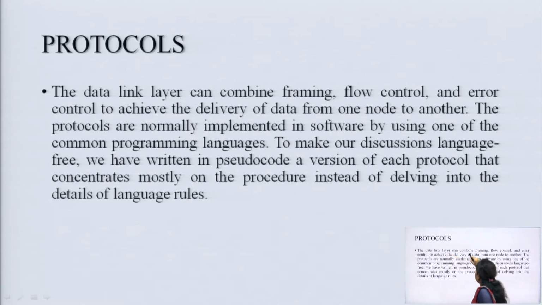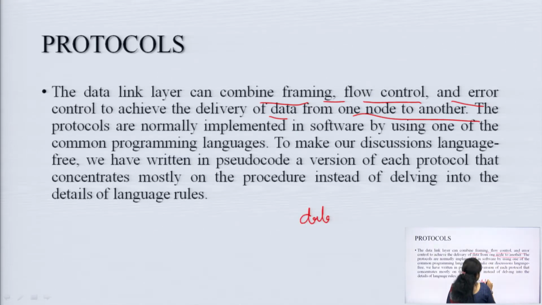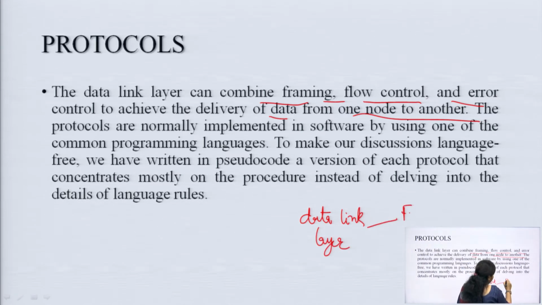The data link layer can combine framing, flow control and error control to achieve the delivery of data from one node to another. So, the operations that have to be done at the data link layer are flow control, error control and framing.